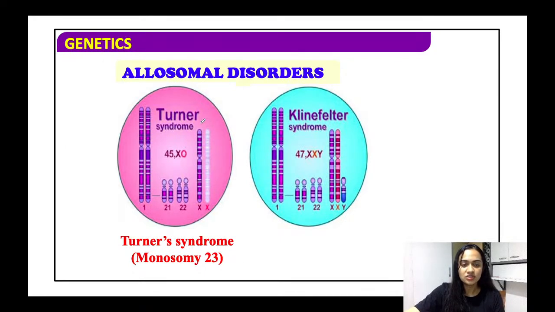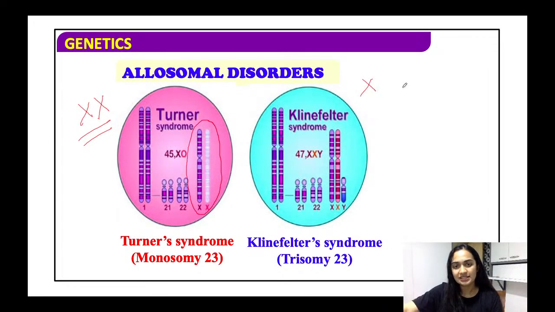So see, in case of the Turner syndrome, इसमें क्या होता है, ये सिर्फ फीमेल में कॉज होता है, क्यों, क्योंकि फीमेल में 2 X होने चाहिए, बट यहाँ आपको सिर्फ एक X होता है, और एक जो X है वो डिलीट हो जाता है या वो फॉर्म नहीं हुआ, ठीक है। फिर आता है क्लाइनफेल्टर सिंड्रोम। मेल में एक एक्स होना चाहिए और एक वाई होना चाहिए, बट इधर हमें देखने मिलता है कि यहाँ पे हमारे पास 2 एक्स है, तो ये बेसिकली हो गया ट्राइसोमी कंडीशन, और ये क्या था, मोनोसोमी। इसीलिए क्लाइनफेल्टर सिर्फ मेल में होता है, टर्नर्स फीमेल में होता है। So the ploidy of the Turner syndrome is 45 plus XO.